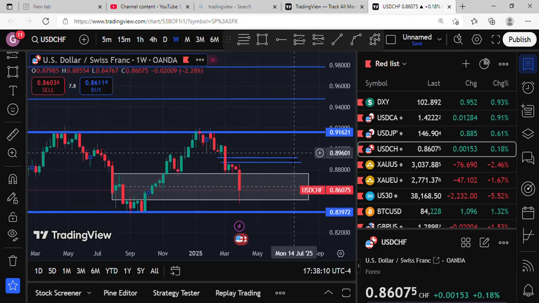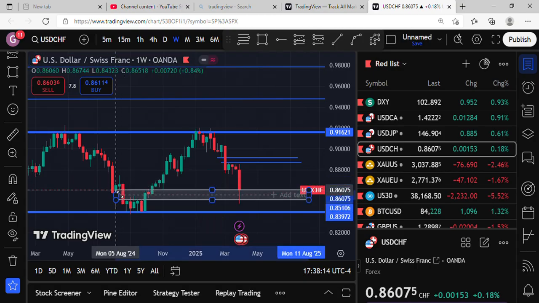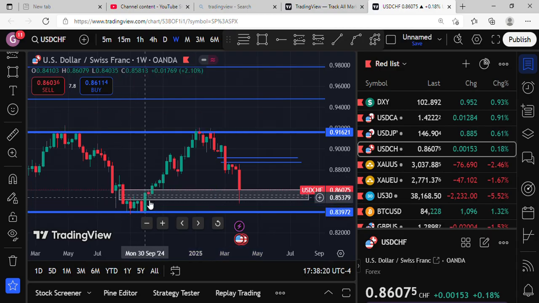And inside the weekly, I said I wanted to see price trade into this inverse fair value gap, and just beneath it too, we have this bearish order block right here. And currently we see that price is respecting this PD array.